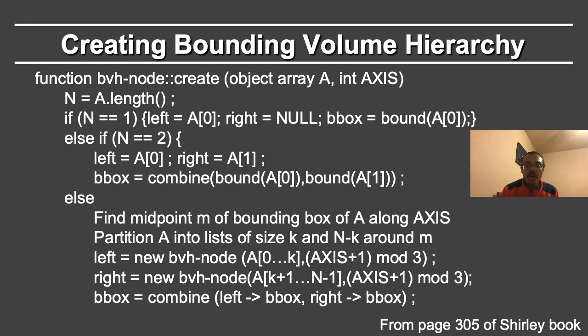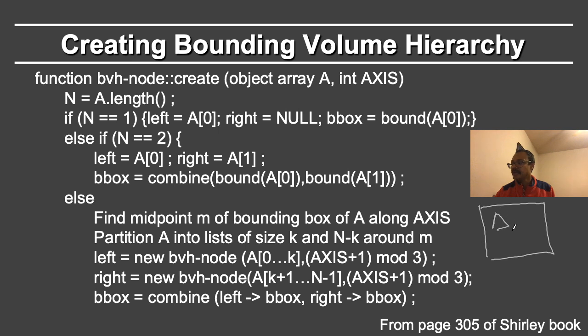If you have more than two objects passed into this function, then you need to split. You first find the midpoint M of the bounding box of A along the axis that we are given. Based on this midpoint, you partition the geometry. For example, here is my bounding box.